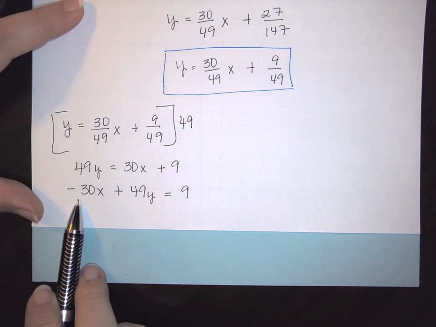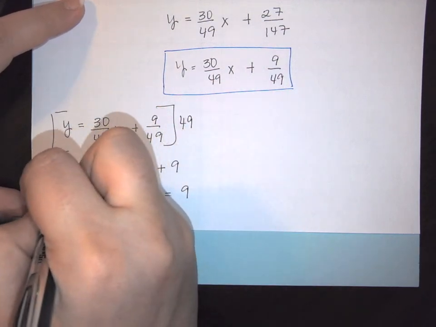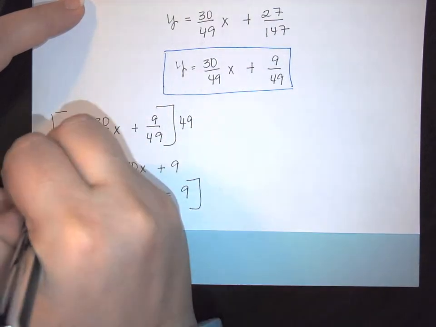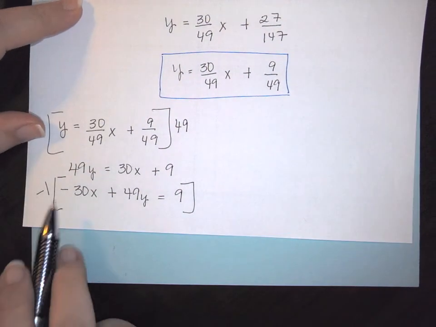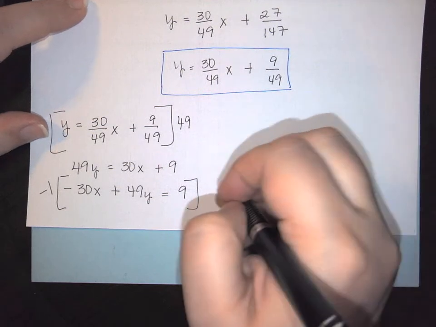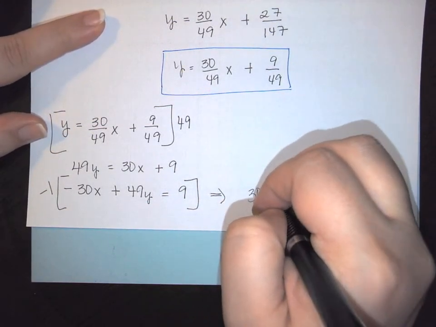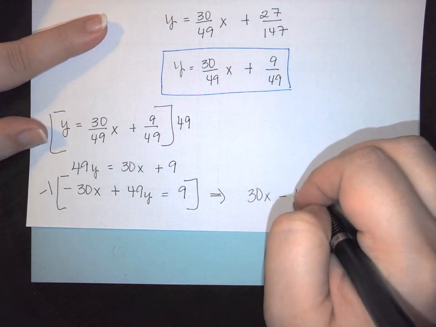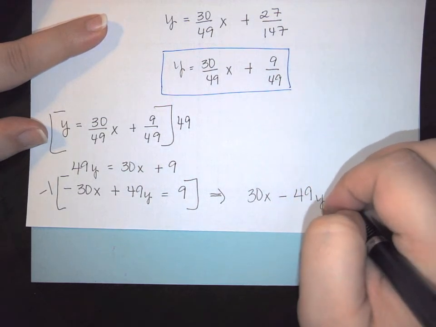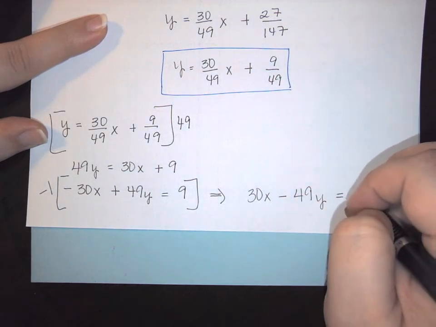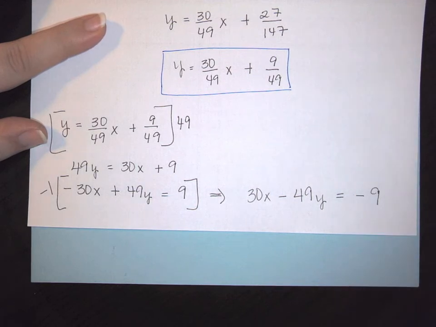If you remember the rules, a must be positive. So the last thing we have to do is multiply this whole thing by negative 1 to change a to positive. So here we're going to end up getting 30x minus 49y is equal to negative 9.